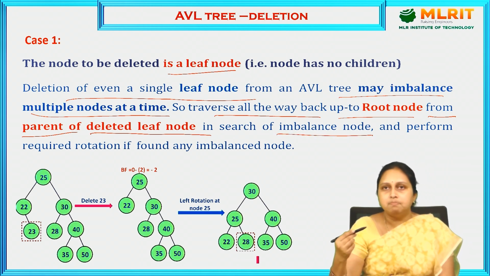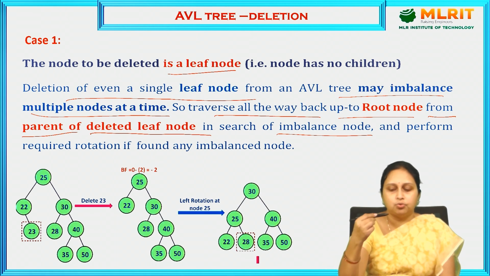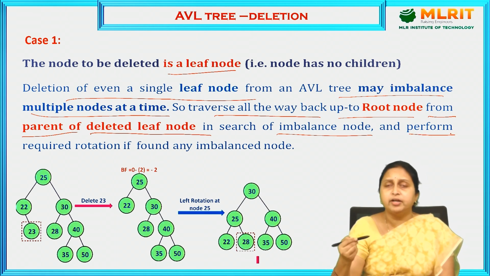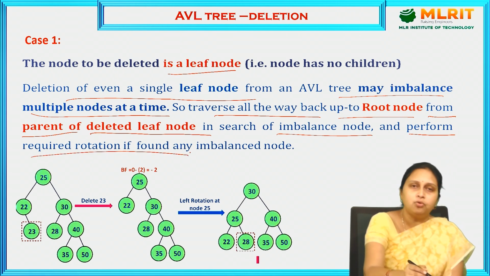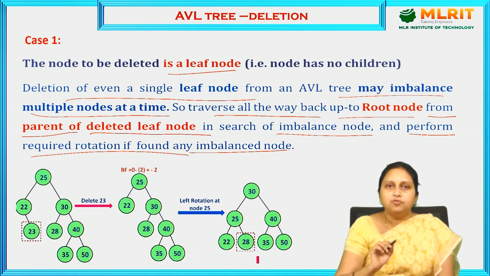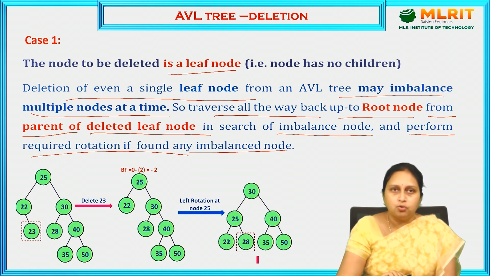We find the balance factor for each and perform the required rotations if we find any imbalanced node.